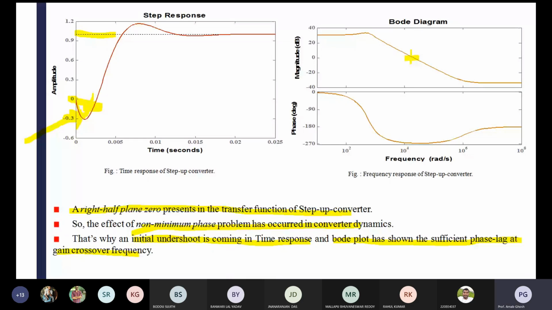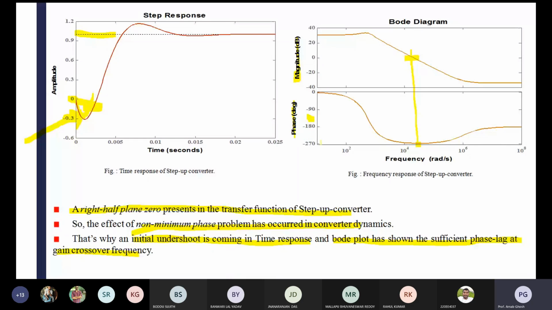In the frequency domain, one is the magnitude plot and another one is the phase plot. In the magnitude plot, when the magnitude line is cutting the 0 dB line, you can see the phase delay is nearer to minus 270 degrees. So sufficient phase lag is observed, as I told you in my previous classes.